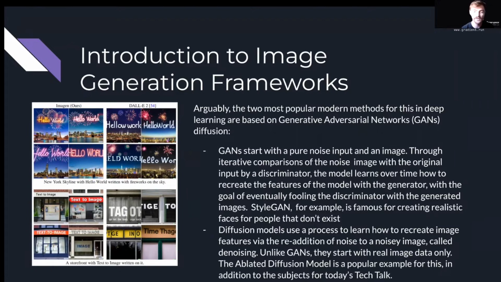StyleGAN, for example, is famous for creating realistic faces for people that don't exist. Diffusion models use a process to learn how to recreate image features via the re-addition of noise to a noisy image, called denoising. Unlike GANs, they start with real image data only, and a popular example of this would be the ablated diffusion model. That's just one that exists outside of our talk today.